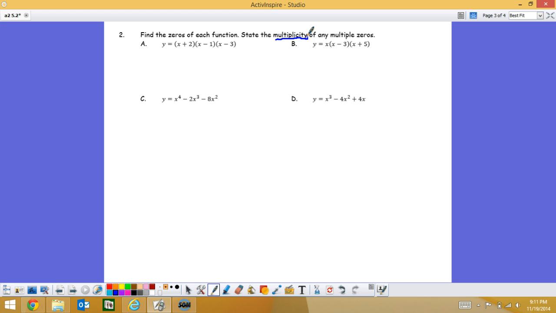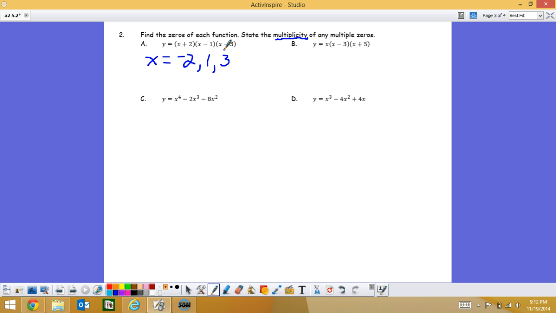Multiplicity just means that a particular zero occurs more than once. So in this case, the zeros are x equals negative 2 from the first factor, 1 from the second factor, and 3 from the third factor.